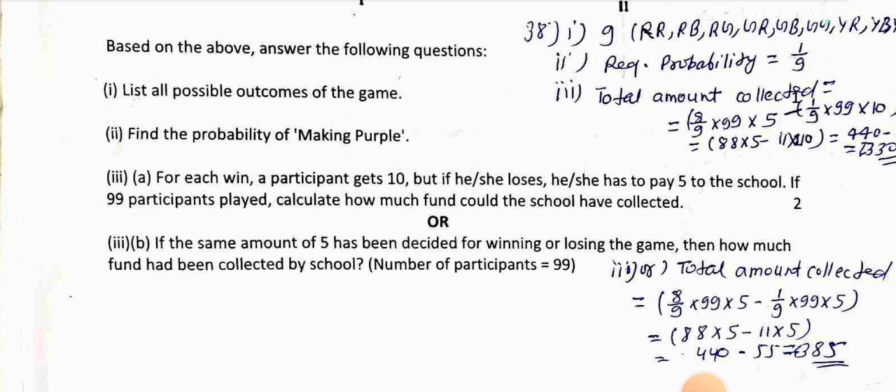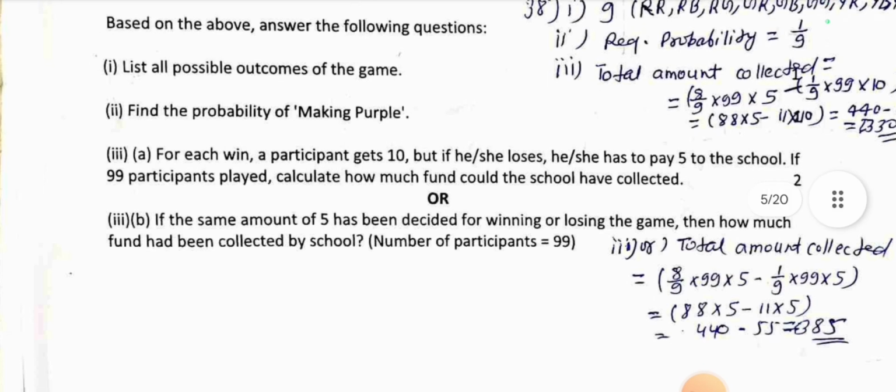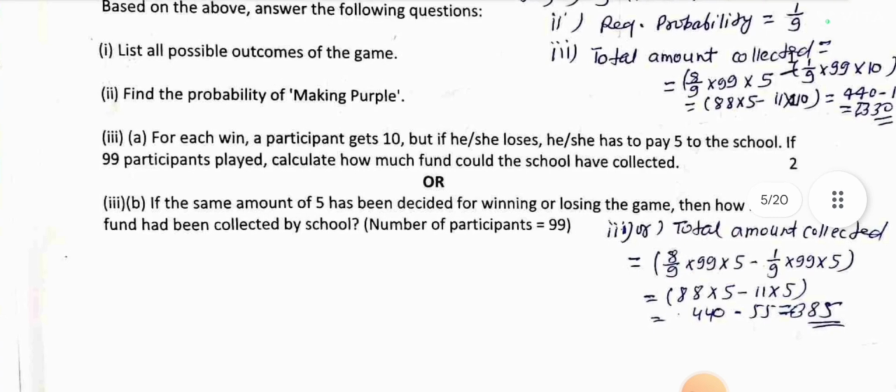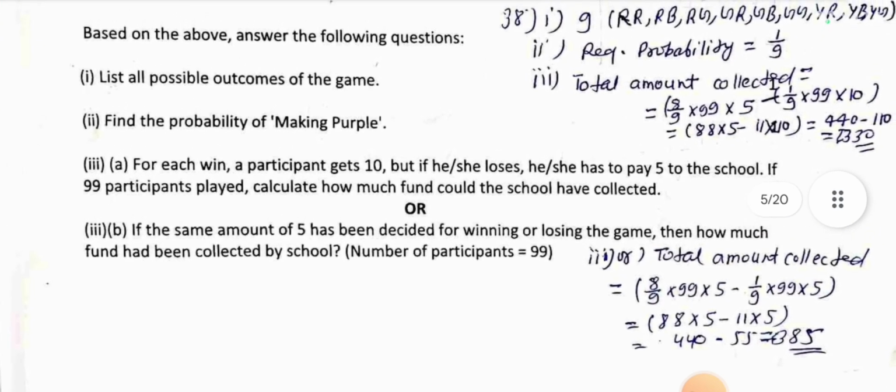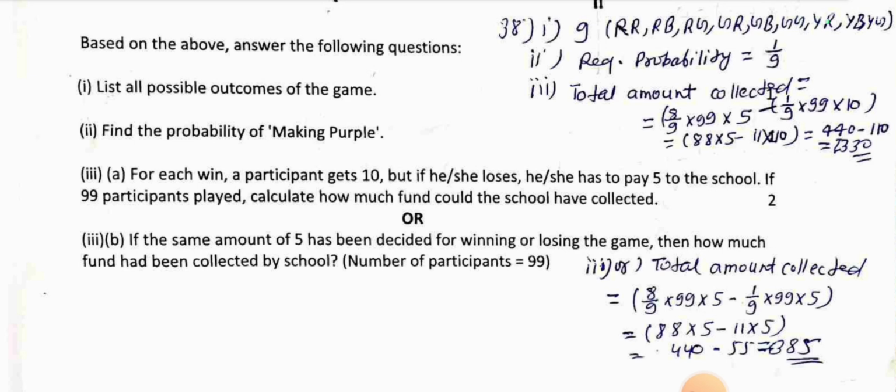Total 88 students lost the game. It means 88 into 5, 440 they need to pay to the school. So 440 collected, but 110 paid to the winning candidates. So 440 minus 110, 330 will be the right answer of question third.